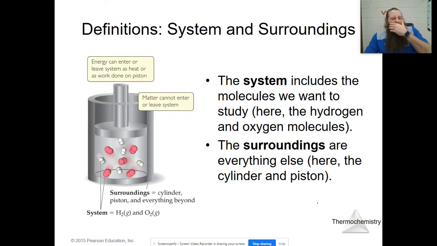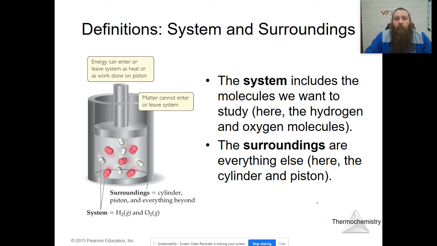Now, the second thing that we're going to look at after energy is applying that energy movement to either the system that we're studying or the surroundings, that is, everything else. The system is, as I said, the thing that we're studying. So if we're looking at a specific reaction, it's going to be, say, the reactant molecules.